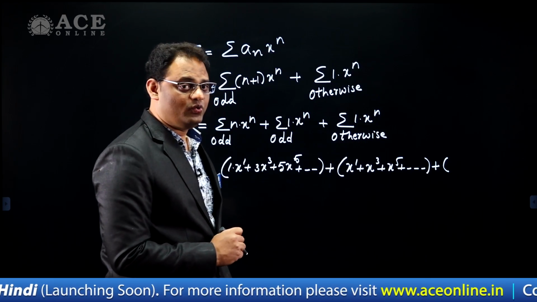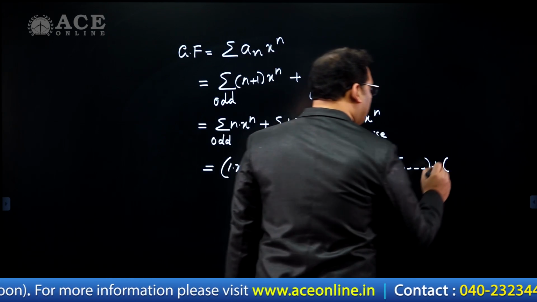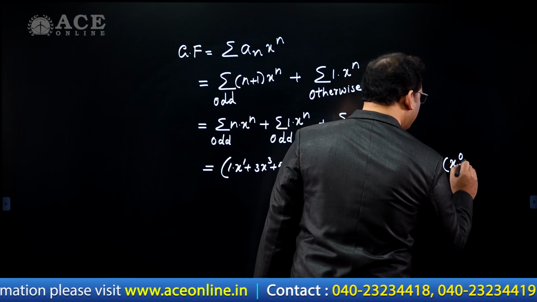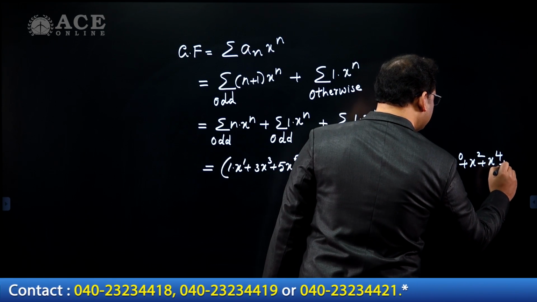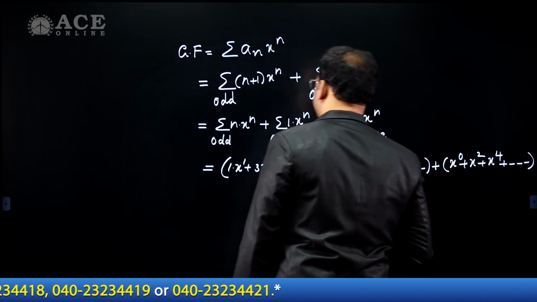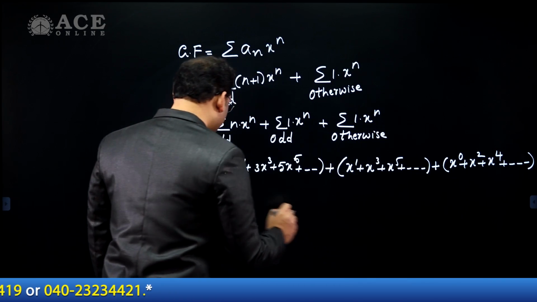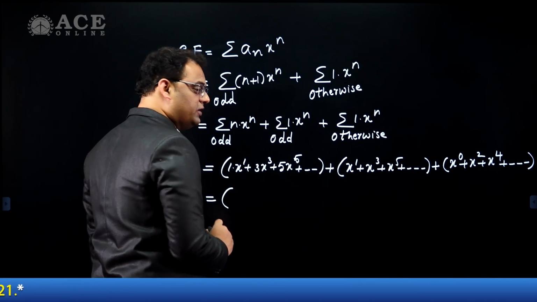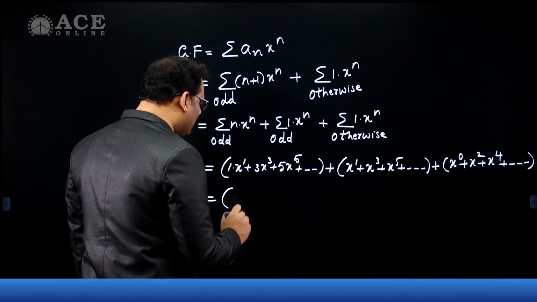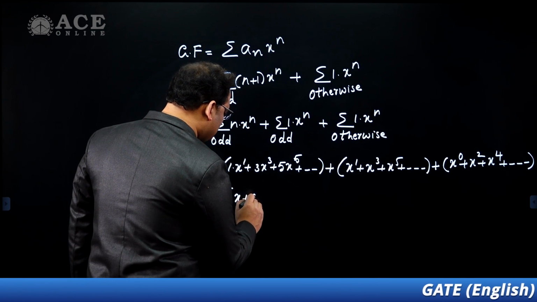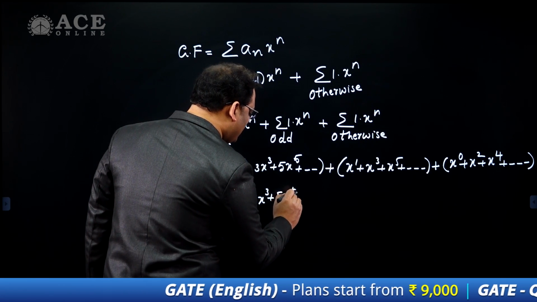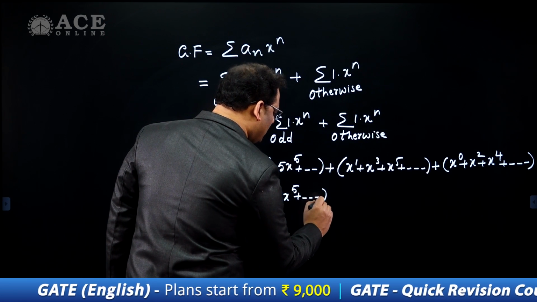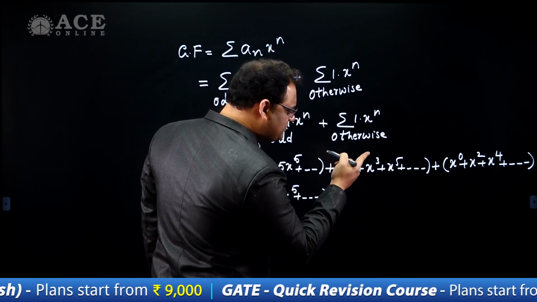I want to take x power 0, x power 2, x power 4 in this way. So the first term is like x, 3x cube, 5x power 5, and the second is x power 0, x square, x power 4.